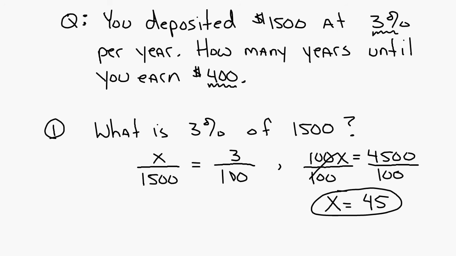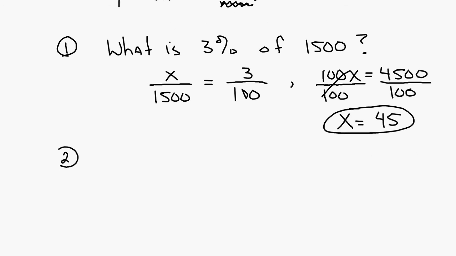Okay? So if every year they're going to give you $45 in interest, how do you find out how many years it will take to earn 400? Very good. You divide. So step 2 is to take the $400 and divide it by the 45 that you're going to get per year.